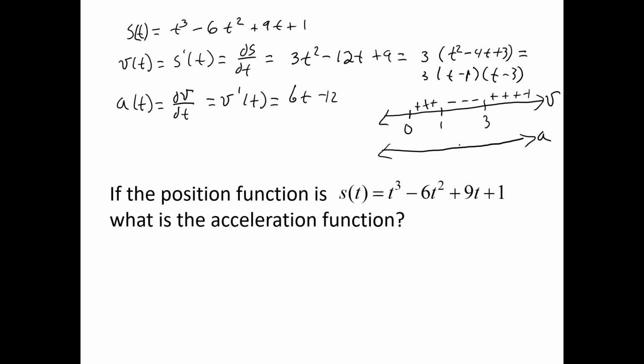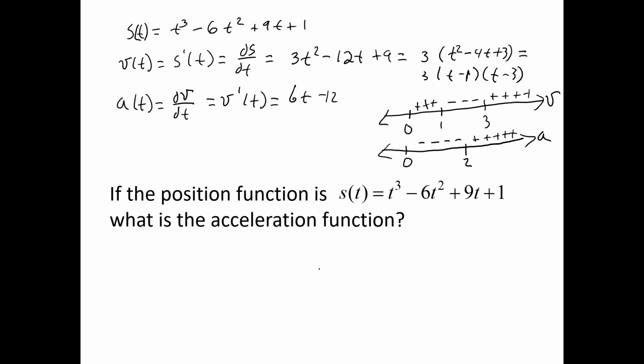This one's a line. You can see that the only number that makes it 0 is 2. 6 times 2 is 12. 12 minus 12 is 0. And to the left of 2, from 0, you're going to get a negative number. And to the right of 2, you're going to get a positive number. And we're not interested in this beyond 0.